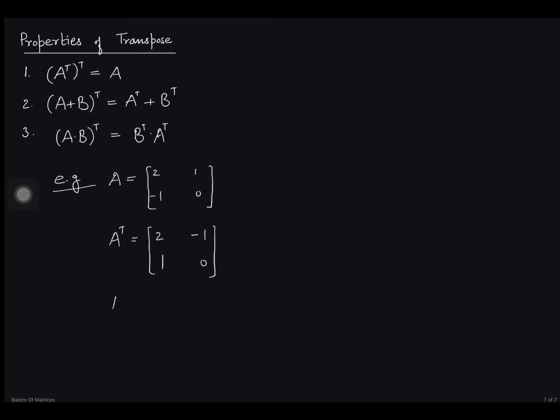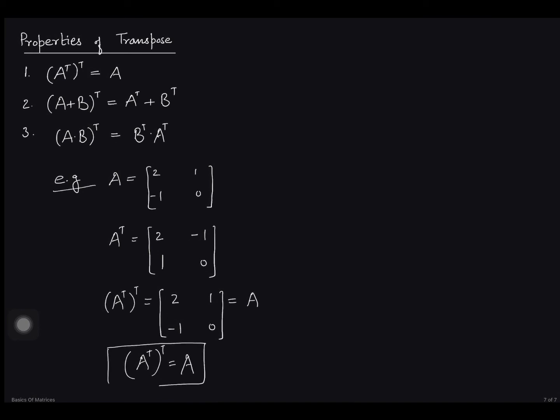Again, if you take its transpose, first row will become first column, second row will become second column, and you see that this matrix is the same as this matrix, so the first property is satisfied. Similarly, you can verify the other properties.